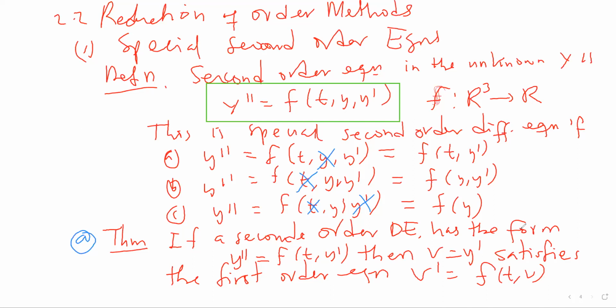Okay, so all we're saying is that you can make a substitution of this term here to be v, and then now solve your v prime to be f. That will reduce your second order equation into lower order.